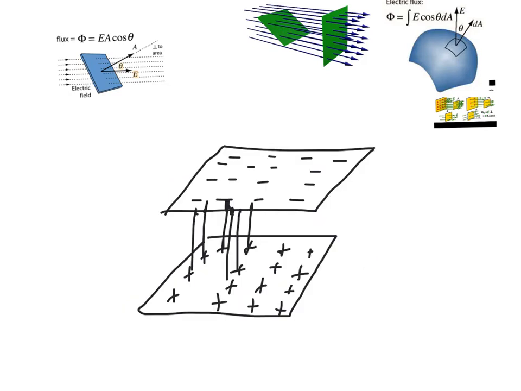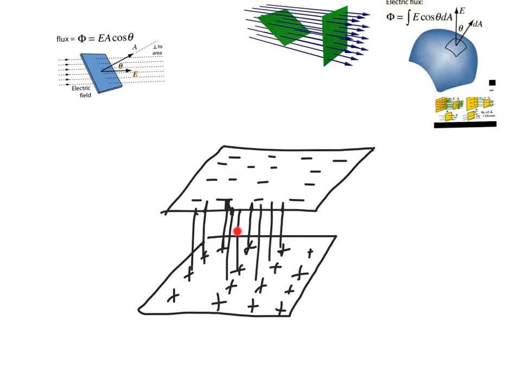And the final kind of field is the field due to 2 electric plates, which gives us a uniform field, and we've seen that. So if we had a square plate on the bottom that was positively charged and a square plate right above it that was negatively charged, the field lines would go from the positive to the negative plate, and they would all be evenly spaced.